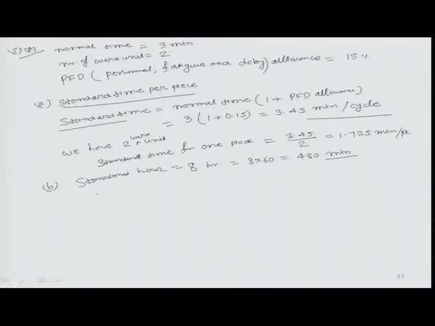So then the number of parts produced is equal to 8 into 60 divided by the standard time per piece, 1.725, which is equal to 278.3, equivalent to 278 pieces.